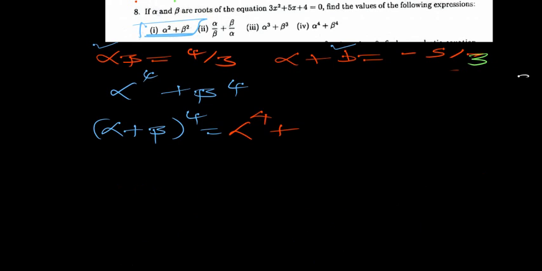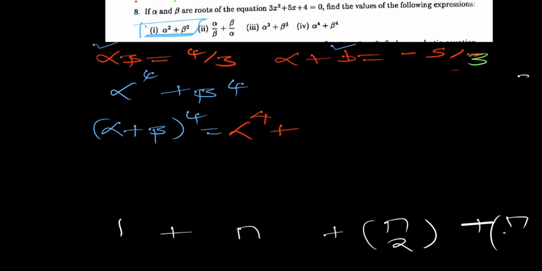So 1 and n are the first coefficients, and then we can proceed from n choose 2, n choose 3, and so on and so forth. Just take note of that. So for the first one, 1 makes no difference, so alpha with the maximum power, beta with the minimal power. Second is n, which is the power itself, 4.